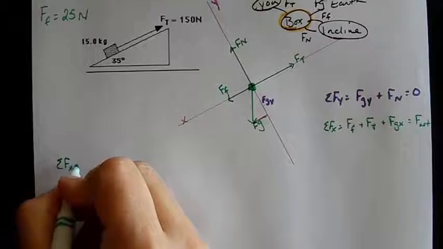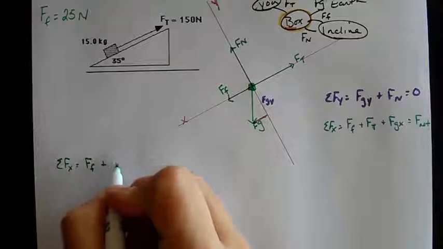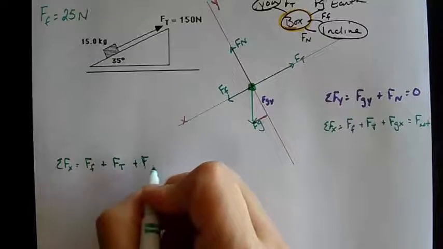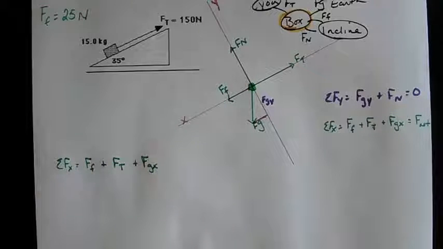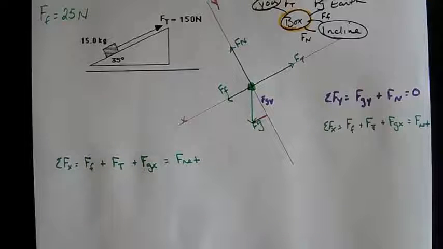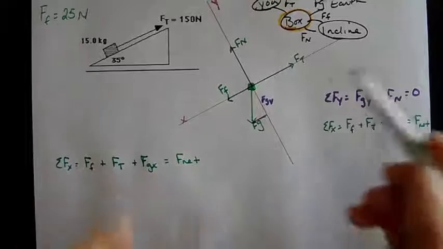So we have the sum of our x forces. We have the force of friction, we do know what that is. We have our force of tension, which we know what that is. And then we have our x component of gravity. And this is equal to some net force. So let's look at this a little bit.